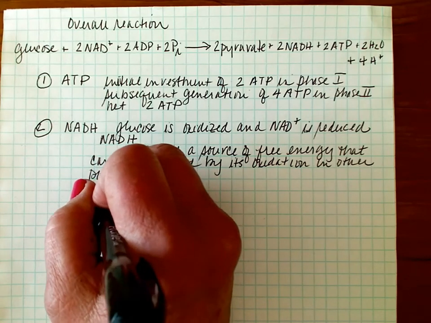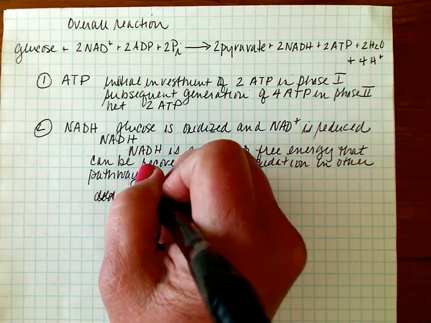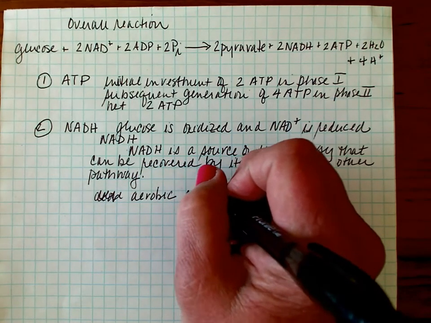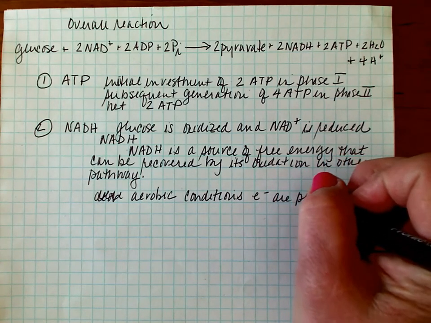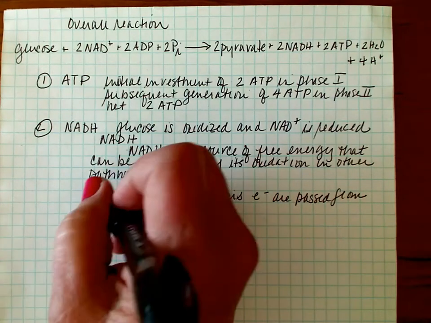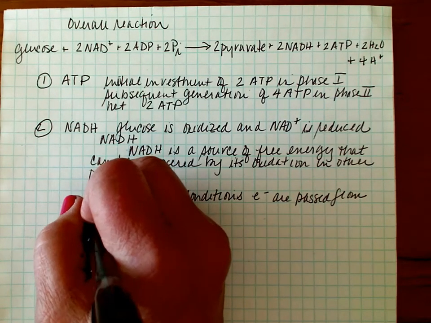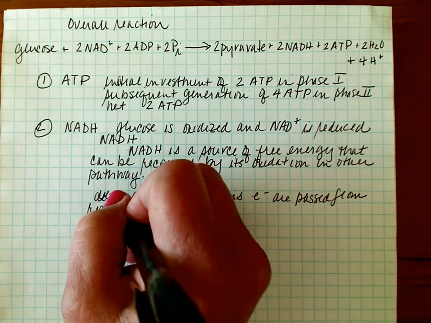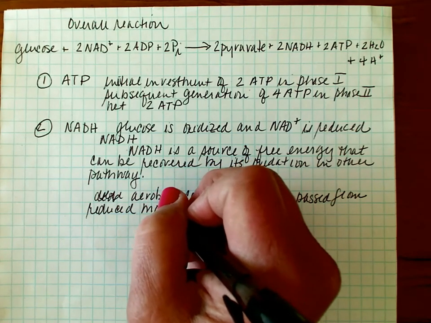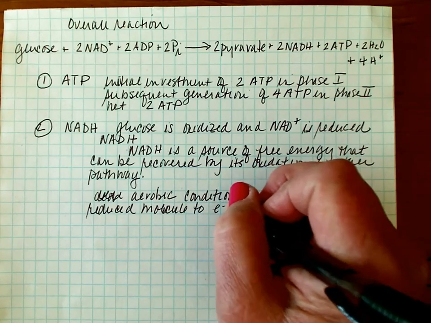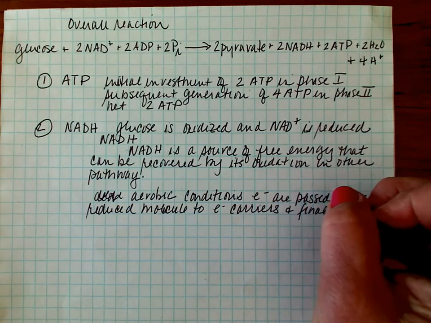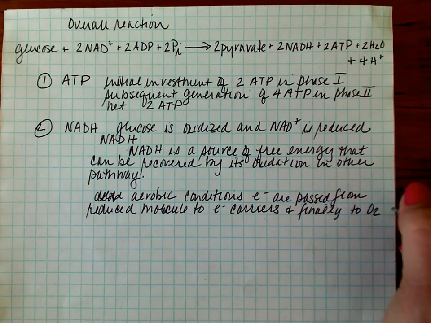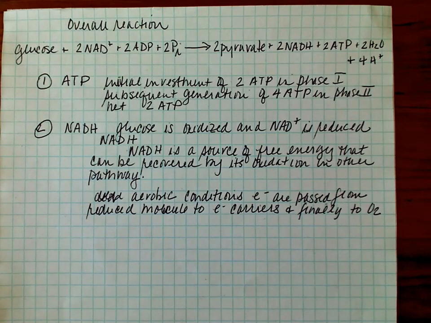So under aerobic conditions, the electrons are passed from the reduced molecule to electron carriers, and finally to O2, O2 acting as an oxidizing agent in the electron transport chain.